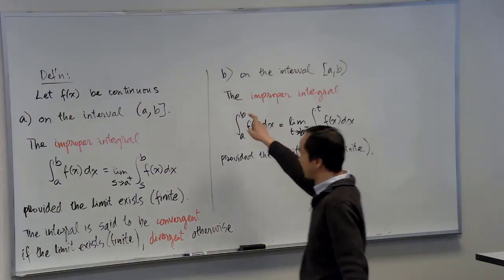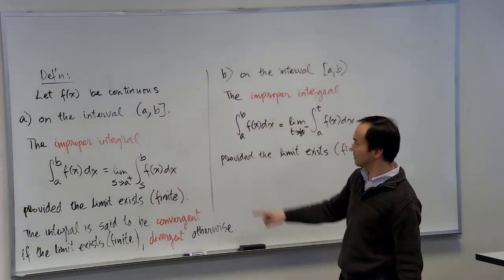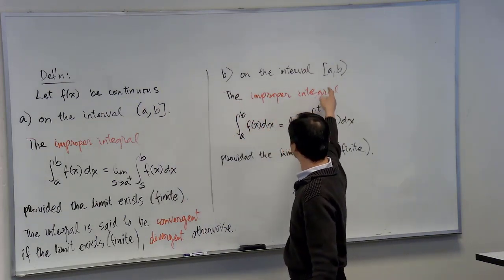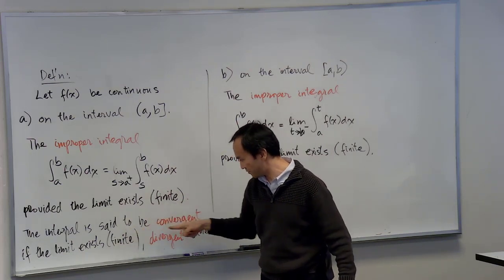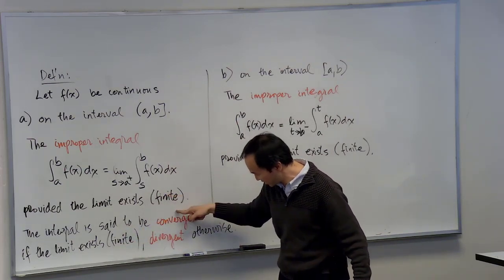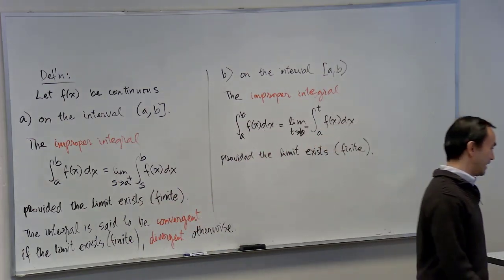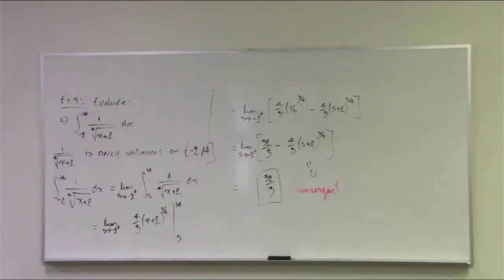For either one of the two cases, with the discontinuity on one of the two ends, anytime the integral comes to an existing, finite limit, we say it's a convergent one, and otherwise it's a divergent one. And now I have one last case to show everyone here. So let's look at a problem like this.